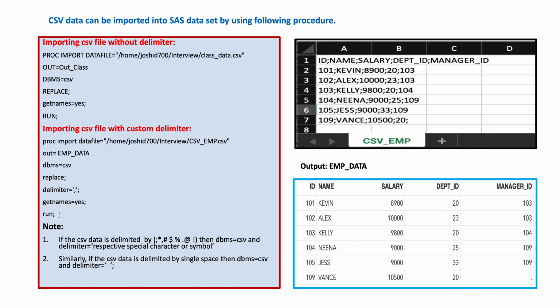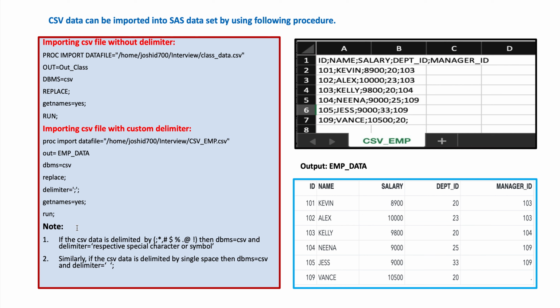When we run the second set of code, we will get the result as shown on the right side, second table. First table represents the input data source, and second table is the output data. Here the input data, custom delimited by semicolon, is imported into a SAS dataset.